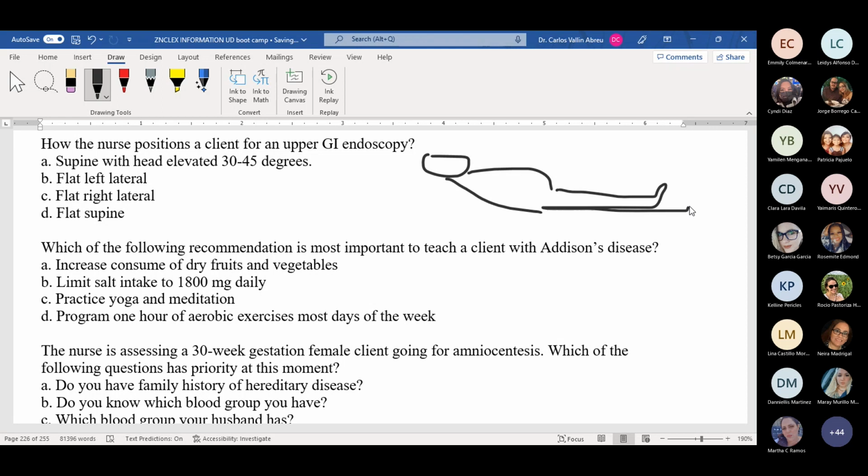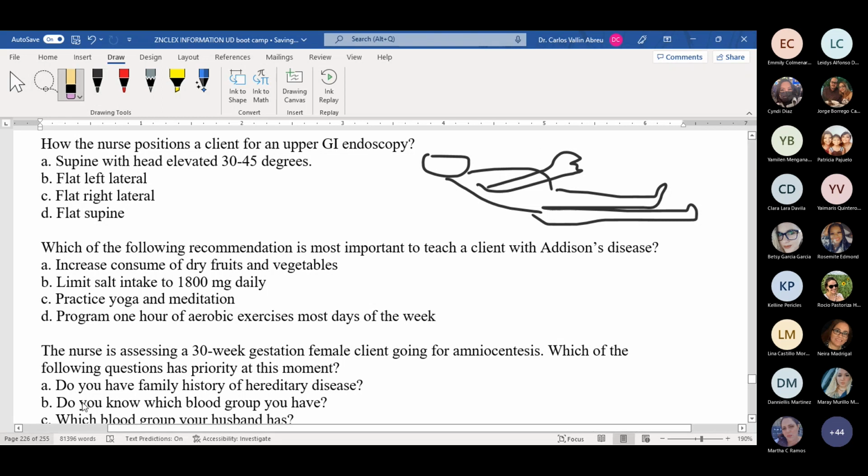Supine. Okay, so take care, because in the NCLEX they can ask in which position during the biopsy and or after the biopsy. So do you realize that you need to be careful in your test, if they ask you about the position, to pay attention to what the question is asking.